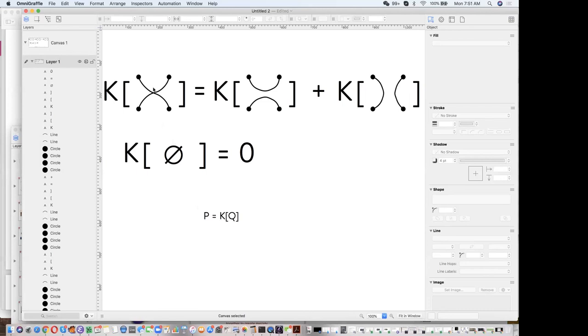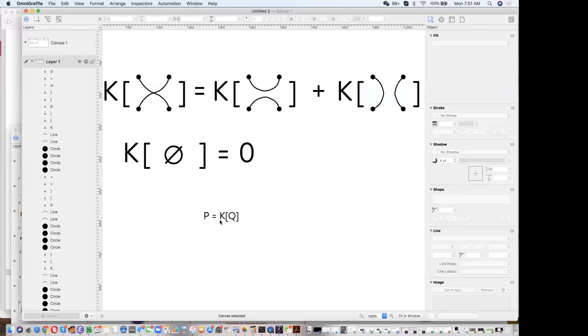Right? So now it's really easy to do the algebraic version of the Kaufman bracket in terms of processes, because we're going to take this context and replace the crossing with this uncrossing, and add it together.